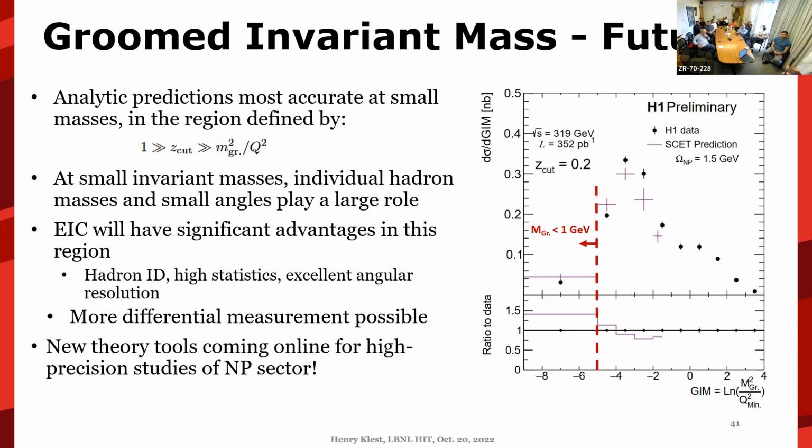But in addition, the EIC will have a fair amount of advantages in this region because at very low masses, you're even sensitive to hadron masses themselves, and you're sensitive to very small angles, which HERA was not the optimal tool for studying, those very collimated small angle differences. And the EIC, with its fantastic silicon tracker that many of you are involved in producing, will probably be able to do that much better.